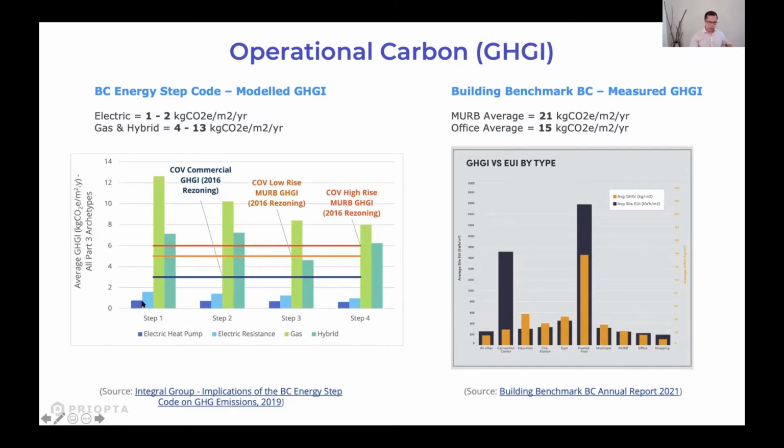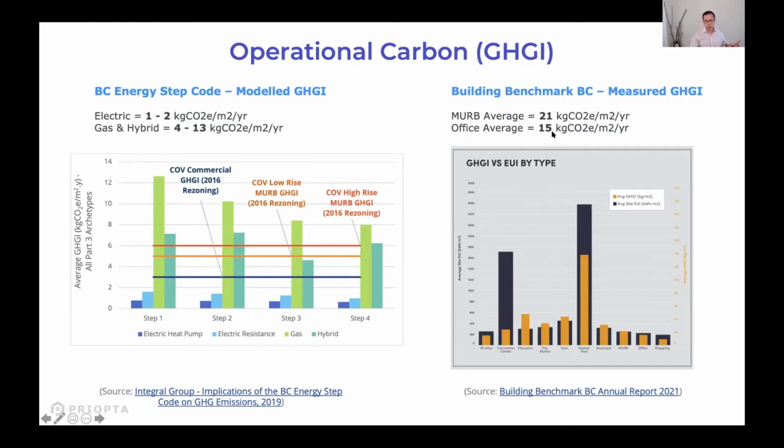In BC, we have very clean electricity, mainly from hydro. And so when we design our electric buildings, we can get them down to 1 to 2 kilograms of CO2 per square meter per year. So obviously that's very, very low. We also have some benchmark, measured GHGI numbers from buildings that currently exist in BC. We just released the first year of study.